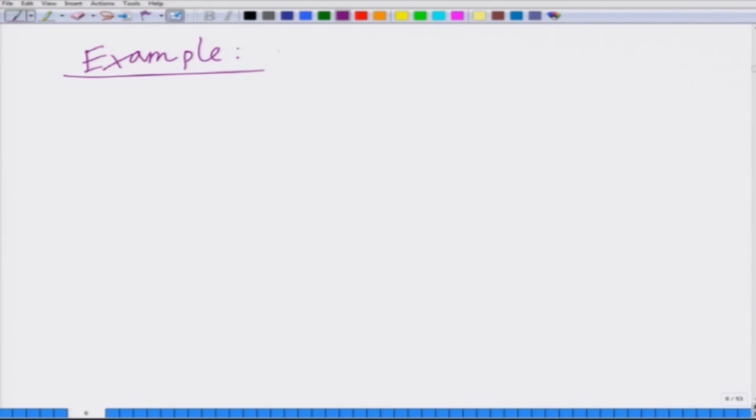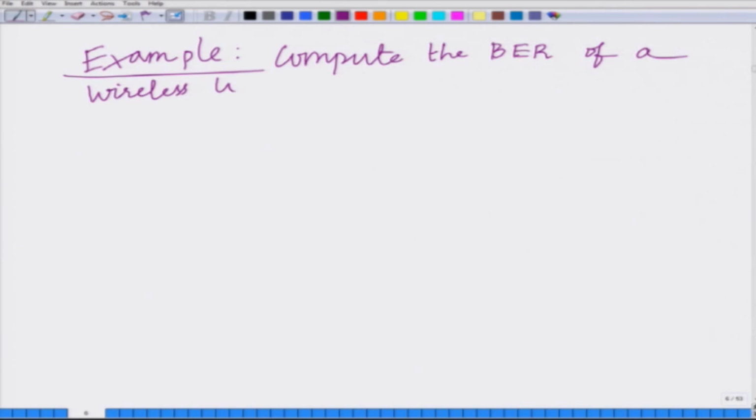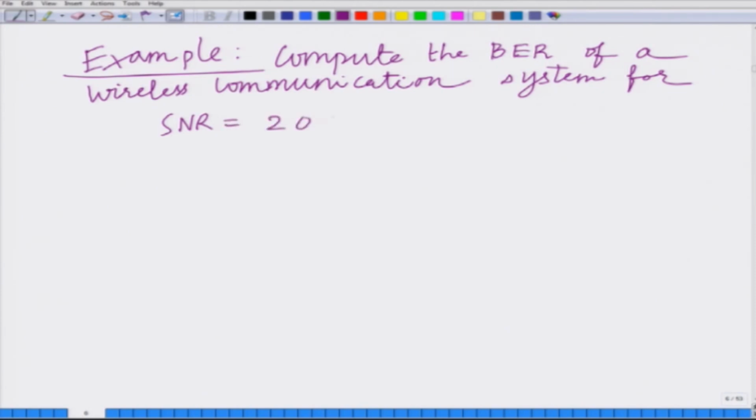So, compute the bit error rate of a wireless communication system for SNR equals 20 dB.